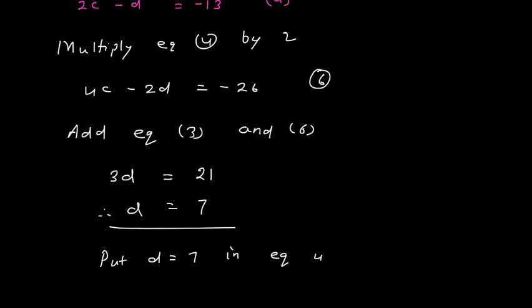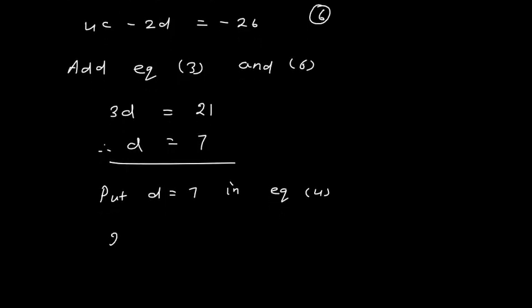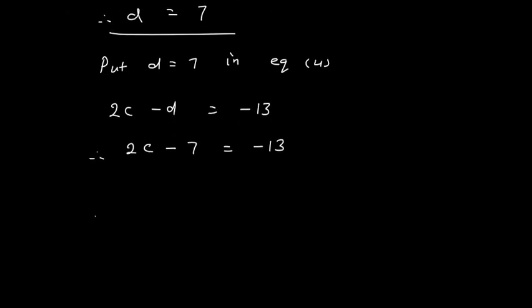Therefore 2c - 7 equal to -13. Therefore we have 2c equal to -13 + 7, which is -6. So therefore c is equal to -6 divided by 2, which is -3. So we got the values of a, b, c and d.